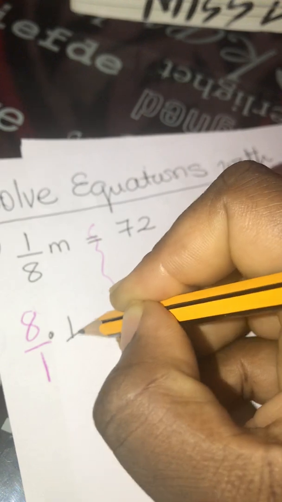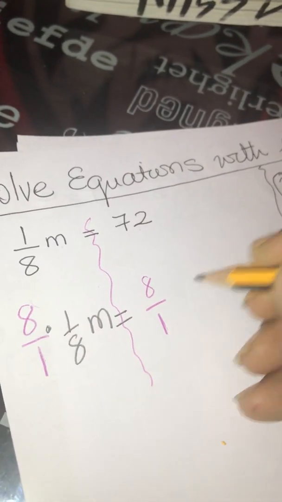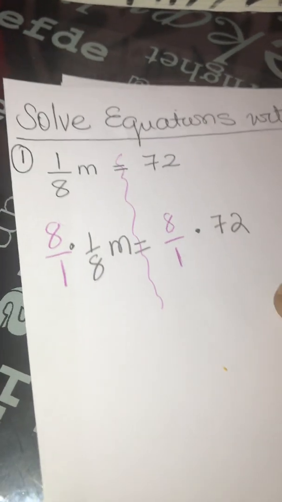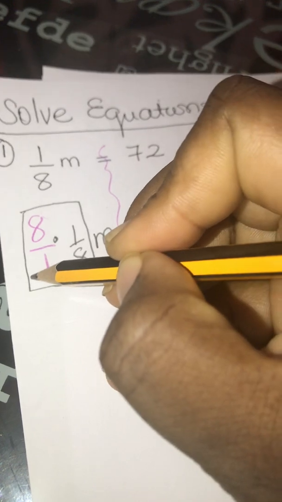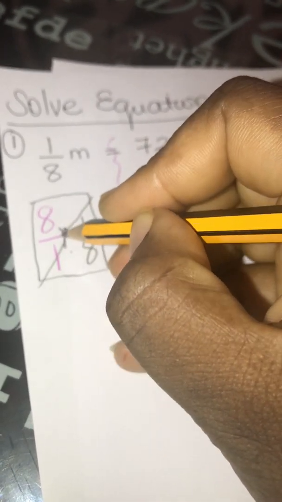You multiply with 1/8. This is my question. Yes. There's an equal sign. And you multiply with 72. Just like that. Now, we know that a number multiplied by its multiplicative inverse is just 1. So you cross your box and you write 1.